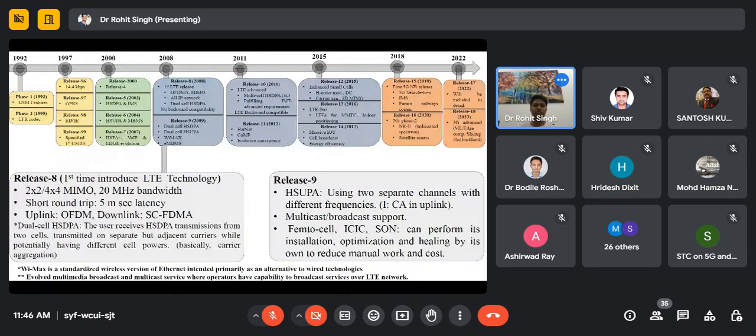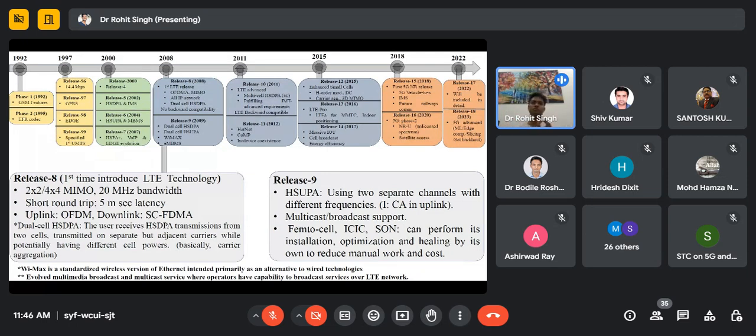Two major breakthroughs occurred in the fourth generation. The first one is that we introduced MIMO. Now, instead of one channel between user and base station, we can create 2 channels, 4 channels, and so on. As the generations keep on increasing, we are increasing this number. So in the background, the MIMO order is being increased.